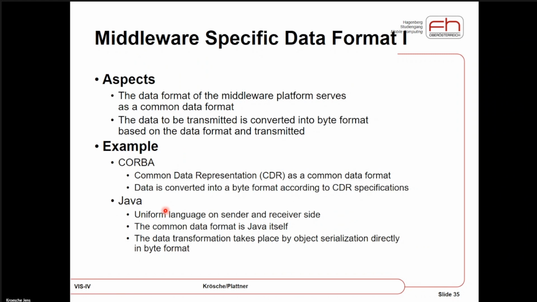And if on the other side the communication partner uses the same class with the same version ID, then we can just unpack this byte array, convert it into the same object again, and do whatever we want. So the language itself provides this mechanism.